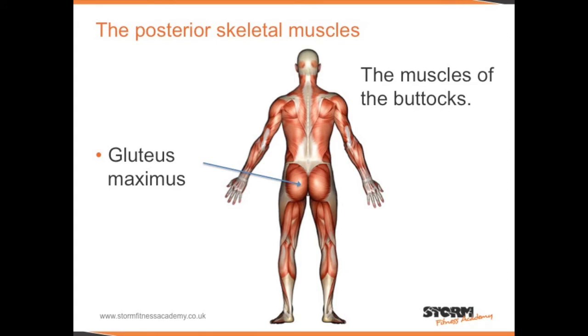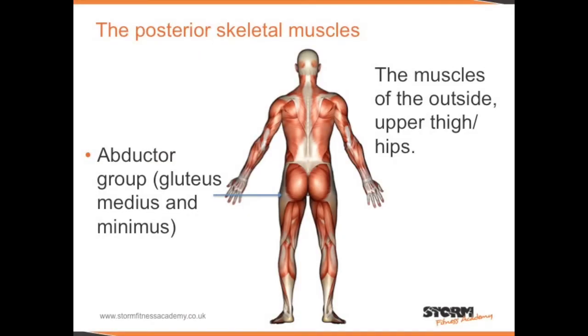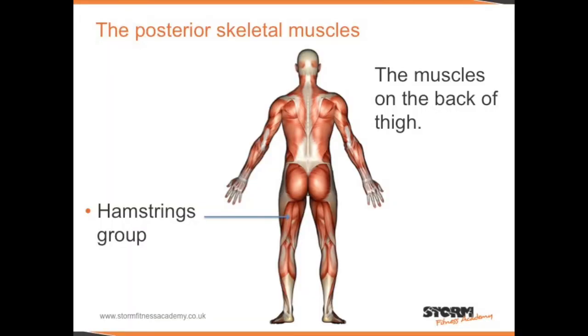Gluteus maximus. These are the muscles of the buttocks. Abductor group, gluteus medius and minimus. These are the muscles of the outside upper thigh and hips. Hamstrings group. These are the muscles on the back of the thigh.